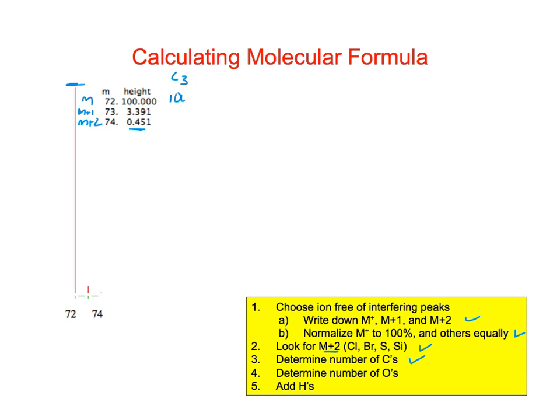The M would be 100% for contribution. This would be 3.3. And then it says for 3 carbons, the A+2 contribution is 0.04. Okay?